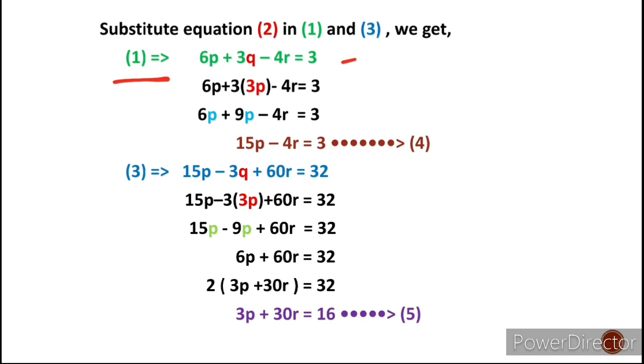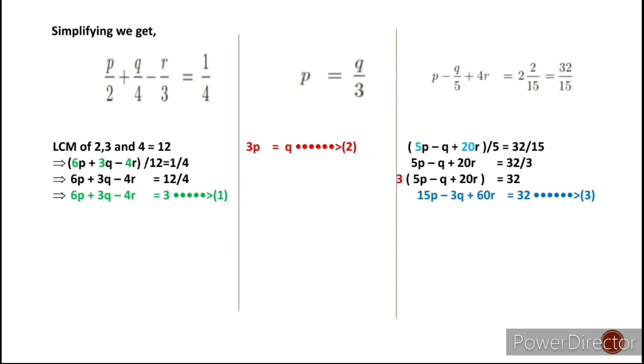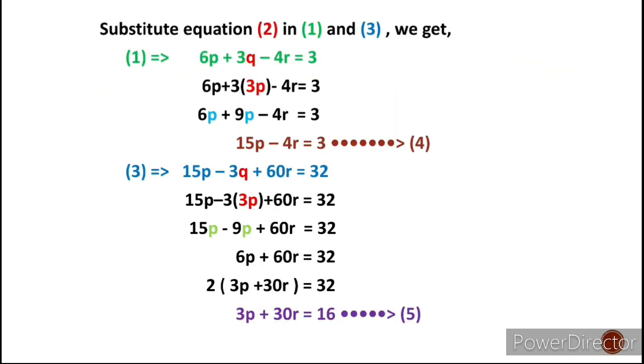I substitute q as 3p, as given on the previous page, so 3p is equal to q. Instead of q, I write 3p. You understand this? Instead of q, I write 3p here.